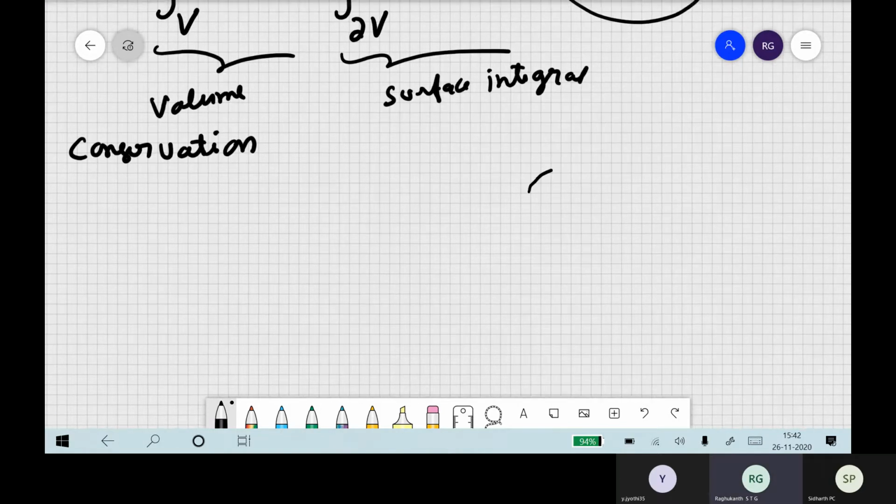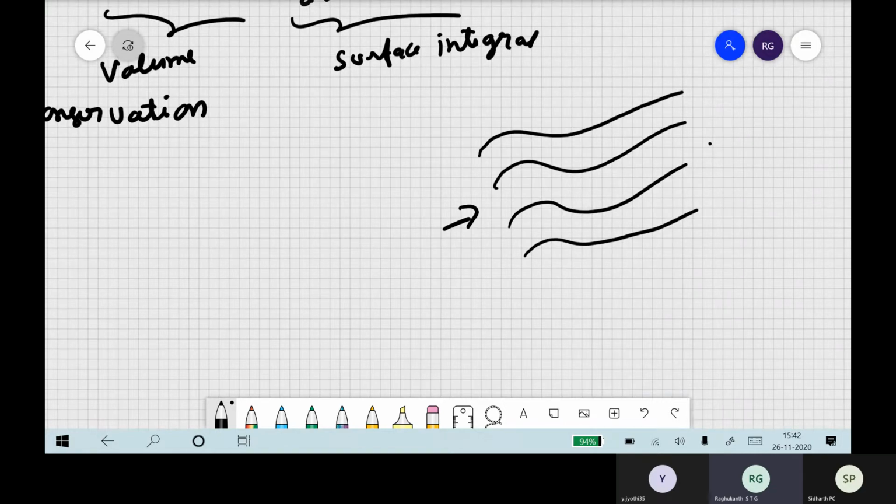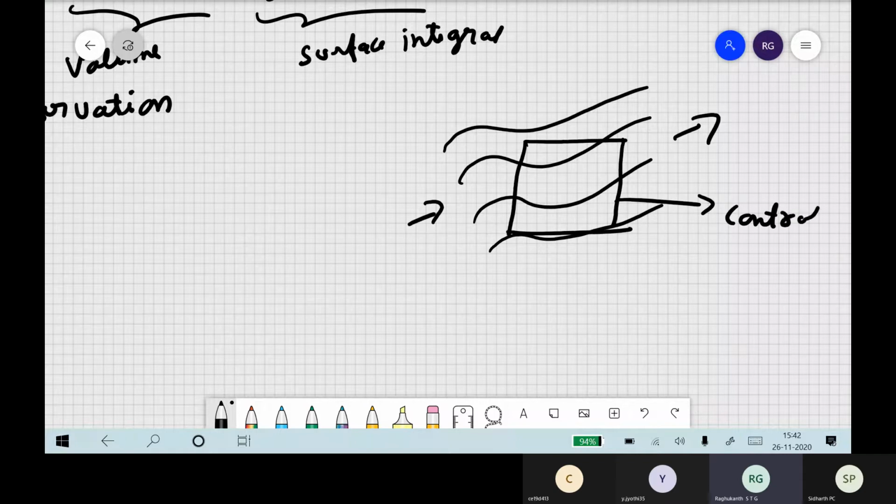Okay, so suppose we are having a fluid or whatever, okay, so something is flowing in this direction. Now suppose I take any volume, okay, so this region I take, this is my control volume.